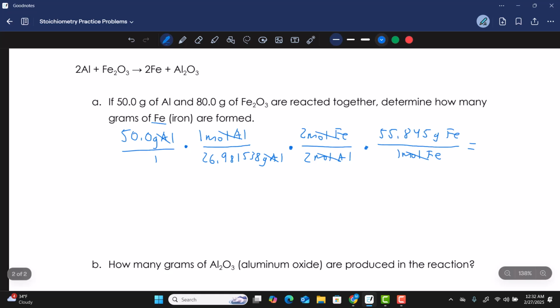And then we would just type all of this into our calculator to find grams of Fe, which gives us 103 grams of Fe. Next, we want to convert 80.0 grams of Fe2O3 to grams of Fe.